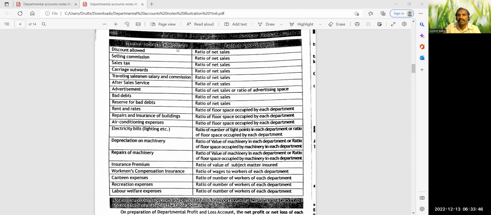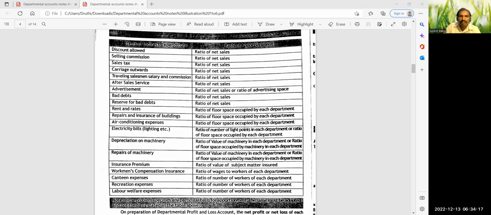Items of indirect expenditure and basis of apportionment. This is very, very important. This is self-explanatory, so once you read, you would be able to understand. Let me explain. Discount allowed, selling commission, sales tax, carriage outwards, traveling salesman salary and commission, after sales service, advertisement.